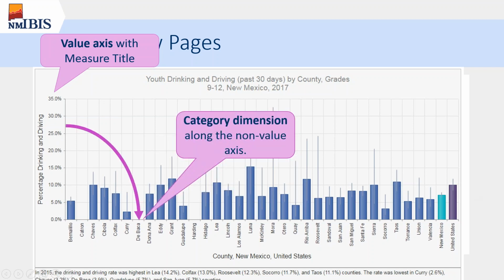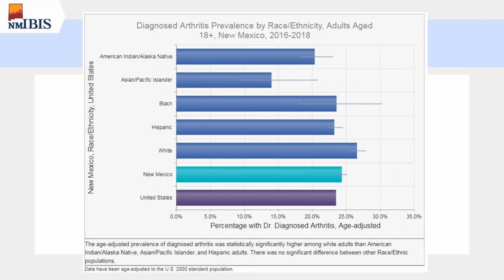Okay, let's go to a different one. And where is the value axis on this chart? The value axis with the measure title, at the bottom there.